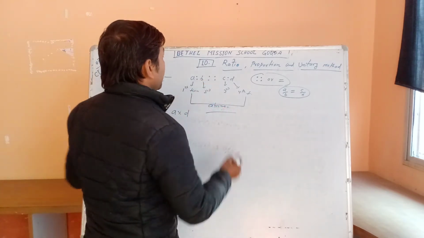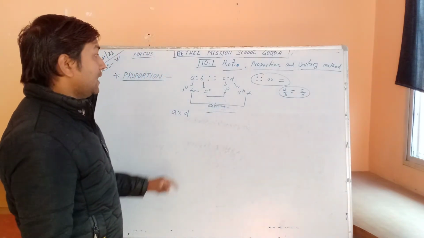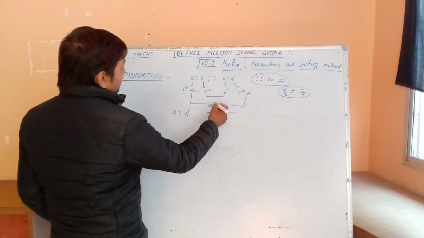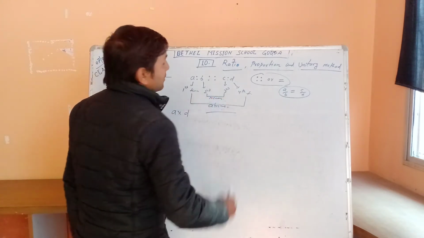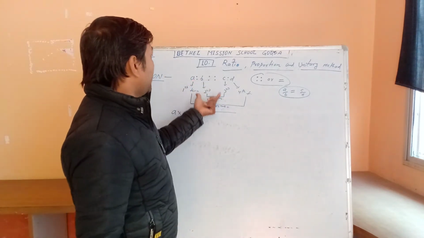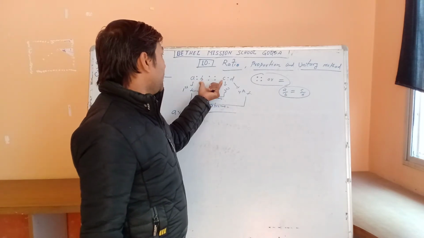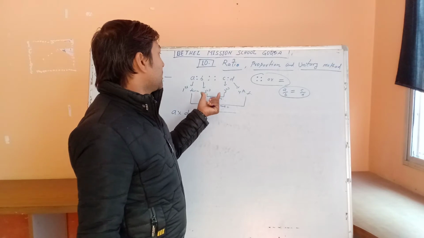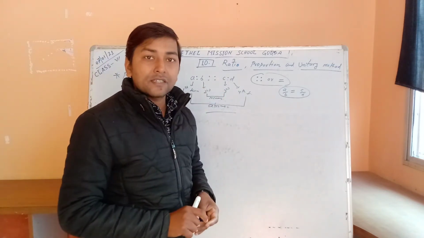And B and C, the second term and third term, are said to be means. A and D extremes, and B and C, the second and third term, are said to be means.